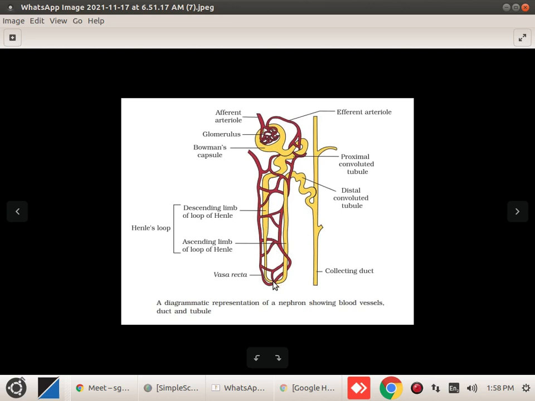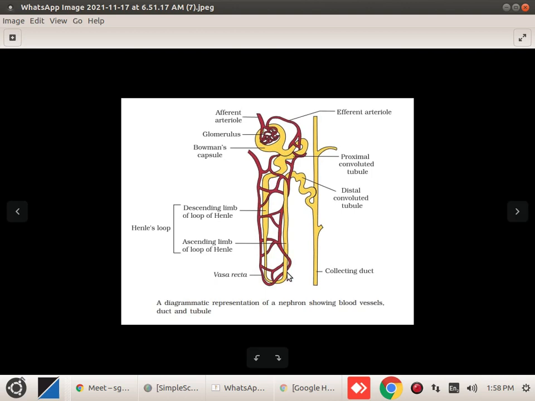Listen. In the loop of Henle you can observe the structure: descending, meaning going downwards. There is the thick descending limb, then after that the thin descending limb. Then it moves like this upwards towards the DCT, and we call it the ascending limb.